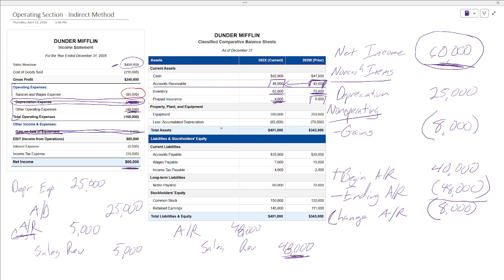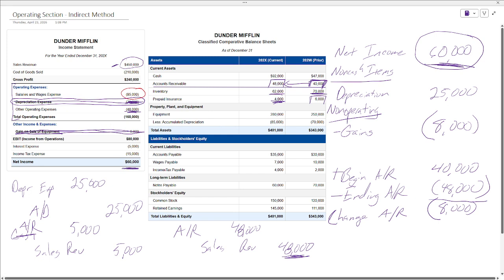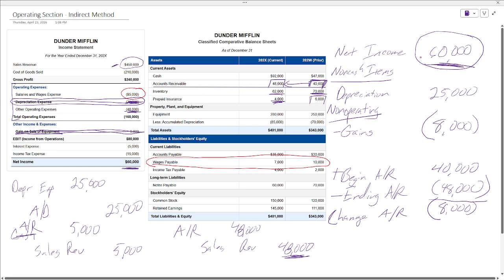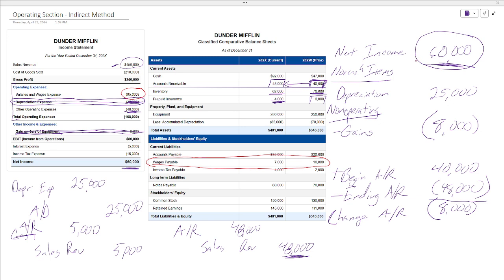Maybe we paid them some more that was left over from last year, or we had some expense at the end of this year that we didn't pay them. So again, mostly true, but we could look for clues somewhere else. For example, wages payable here on the balance sheet to help us determine how much we actually paid our employees. Well, the 95,000 is being included in net income, or well, it was subtracted to get down to that 60,000.